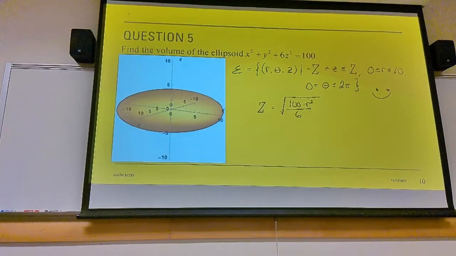It is pretty hideous. Rho squared times the quantity sine squared phi plus 6 cosine squared phi is equal to 100. So rho would go from plus or minus 10 over the square root of sine squared phi plus 6 cosine squared phi.